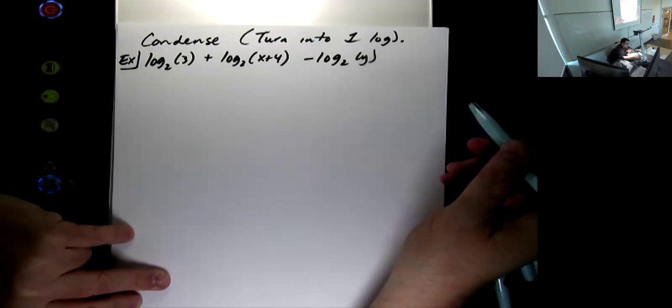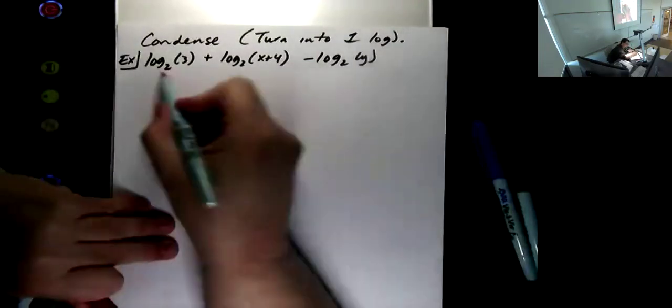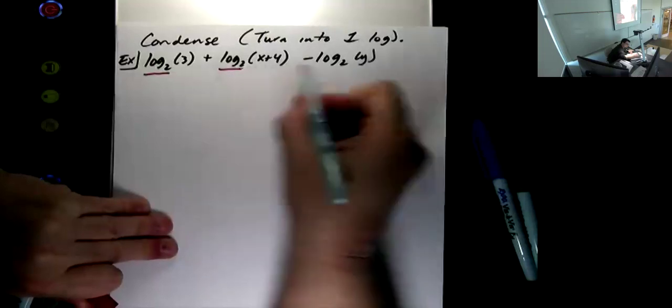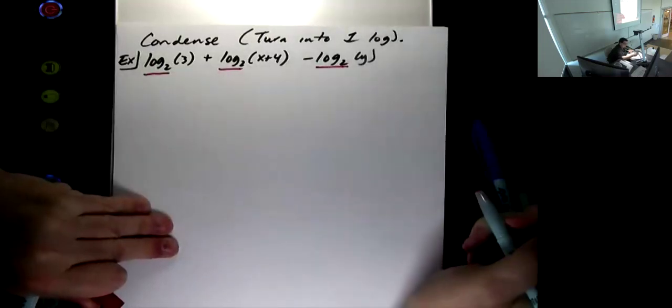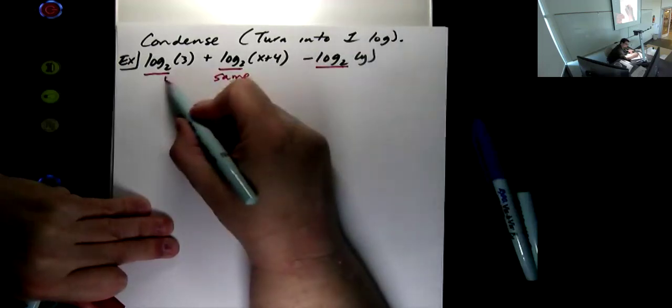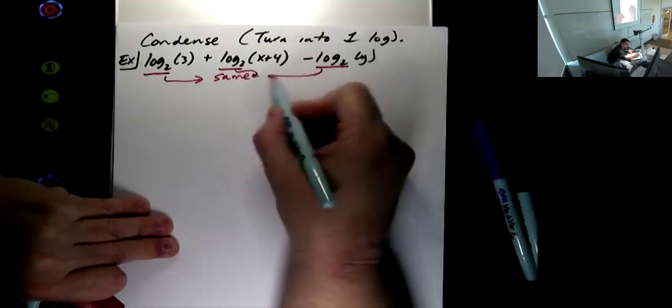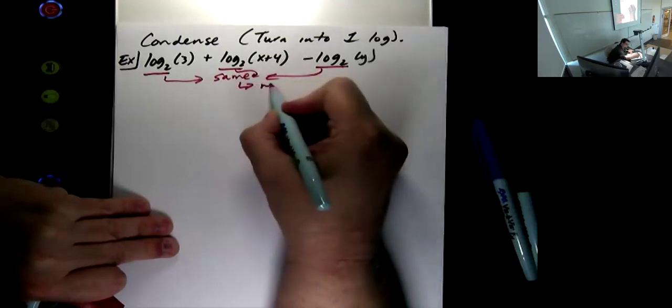I'm going to take it slow, but you don't have to take it slow. You can do this all in one step. It is very, very important that if you want to combine any of them, they all have to have the same log base. These are the same. It can't be log base like 3. Log 3 and log 2 do not combine. So that's important. This is a requirement.